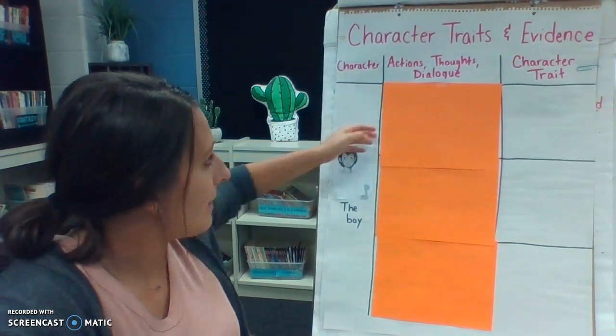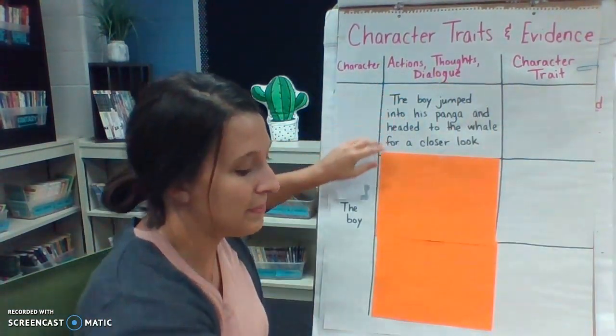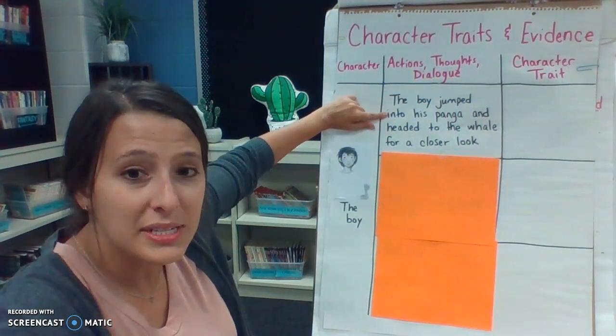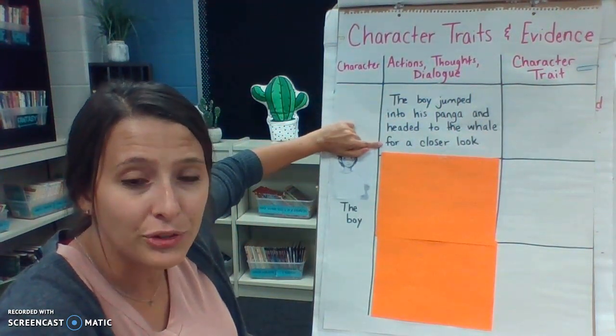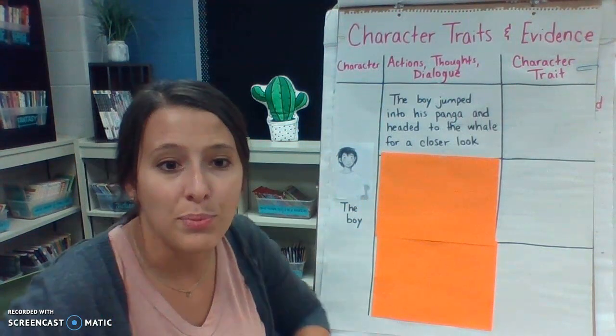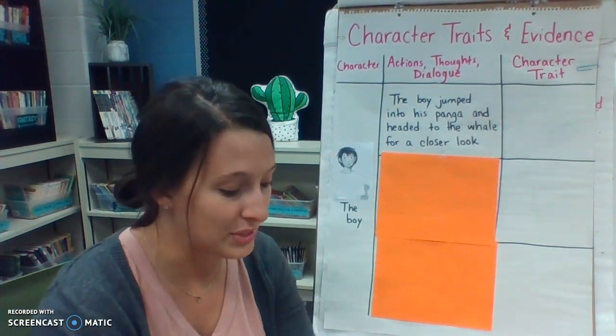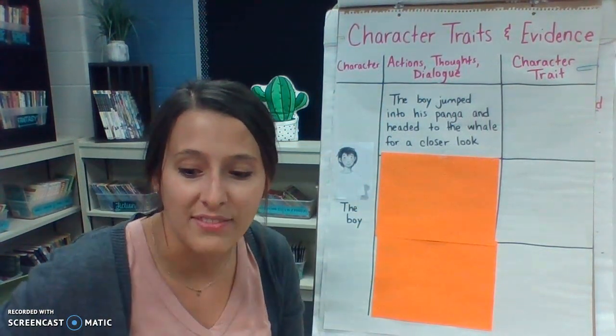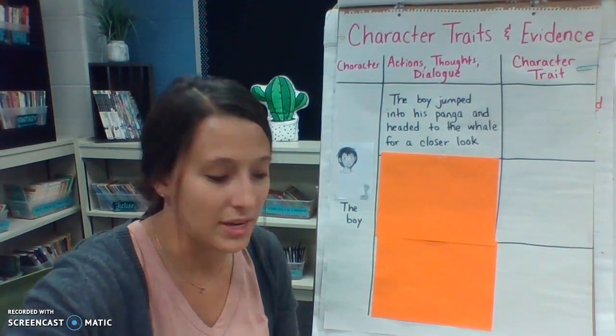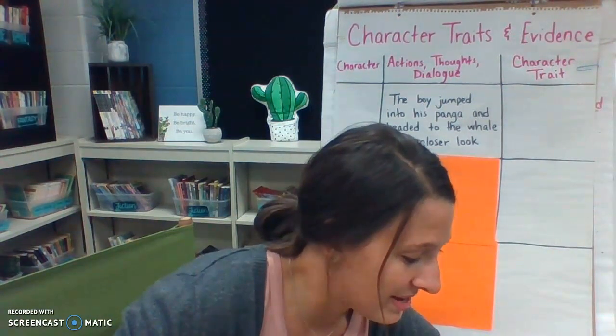And the little boy, on this page, he jumped into his panga and headed to the whale for a closer look. And when they both jumped into this panga, this boat, and they are headed out to shore without even thinking twice because they're really wanting to see if they can go out there and save this whale or help it if it needs help.